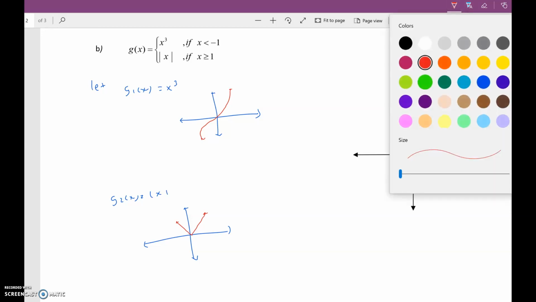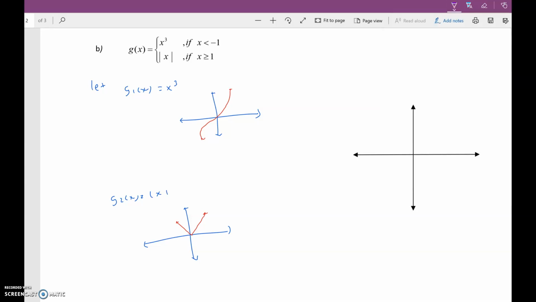Then we need to look at the pieces that we're going to cut. Your x to the third is only going to be good for x less than -1. So this is -1. That means that you're just going to get this piece. If it was a value that's not easy to evaluate, at x equal to -1, your g1 of -1 represents -1 to the third, or -1.